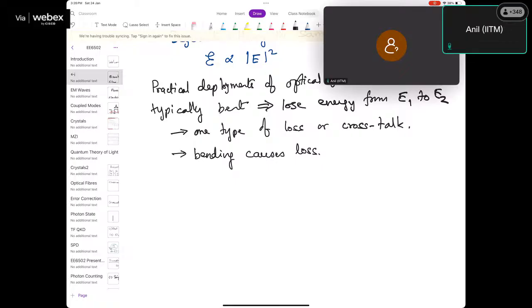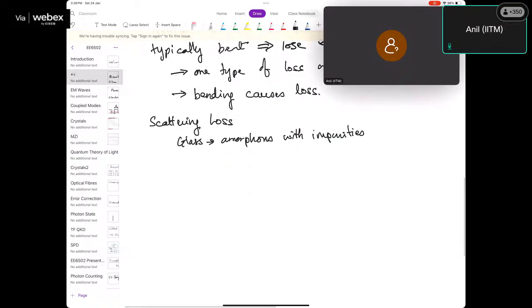Another type of loss that we have is scattering. Why do I have scattering loss? Well, it's glass, it's amorphous, and it has impurities. Right? So not all the light that I send in comes out. If I want to look at this, I usually plot it as a function of wavelength.